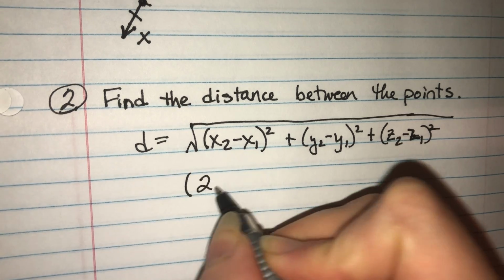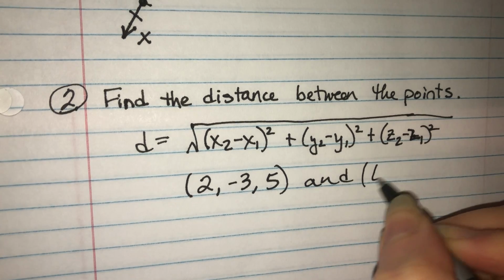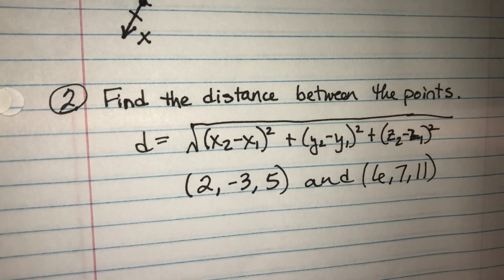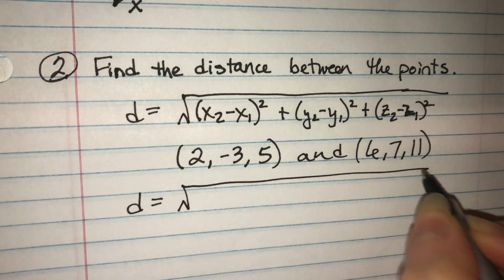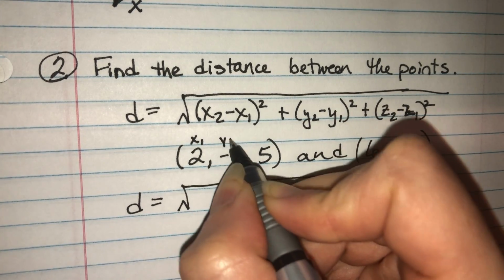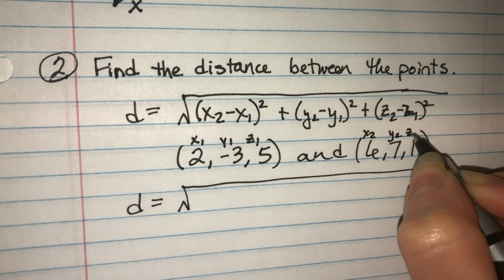So (2, -3, 5) and (6, 7, 11) are what we're going to find the distance between. So we just substitute these values into the formula. Here's my x1, y1, z1, x2, y2, z2.